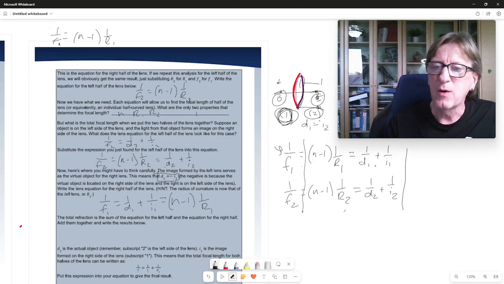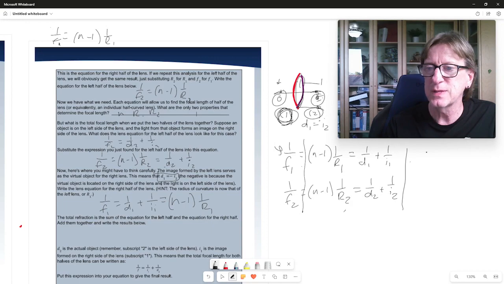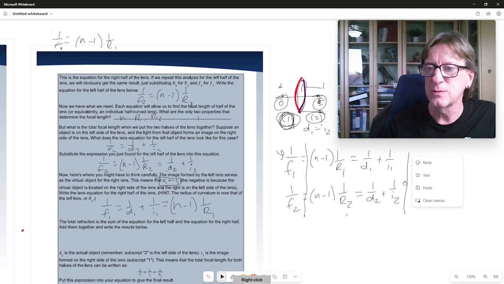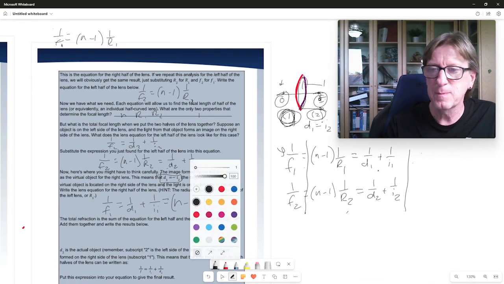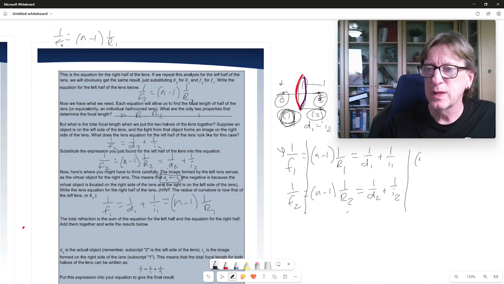Now I can make this substitution that D1 is equal to minus I2, so let's go ahead and do that. We're going to put that substitution in here. And so (n minus 1) times 1 over R1 must equal, with D1 as minus 1 over I2, plus 1 over I1.